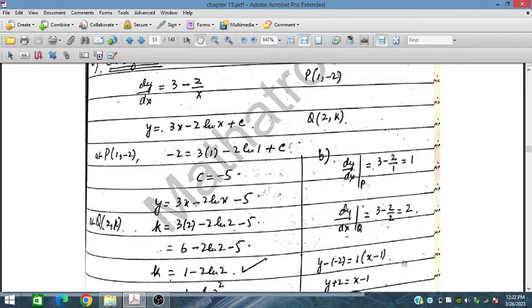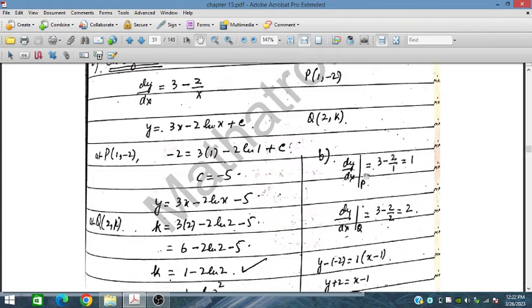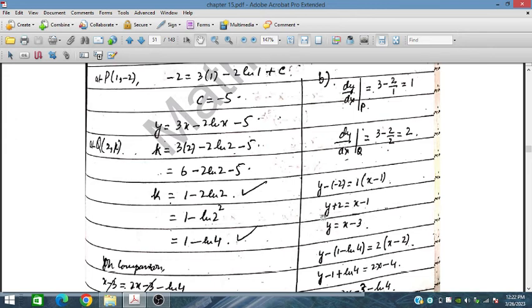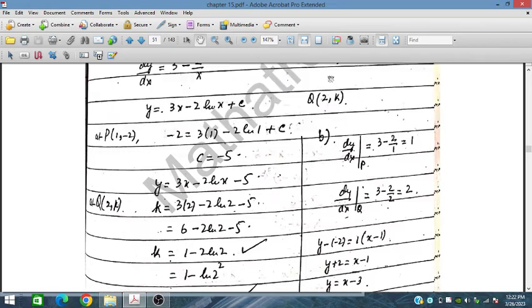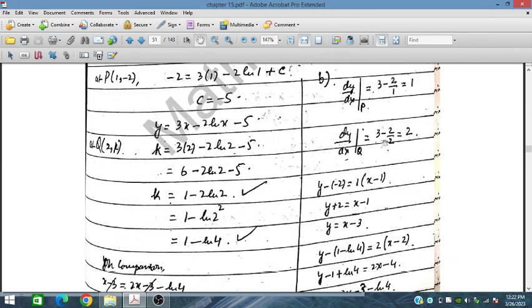So this equation of the tangent to the curve is obtained by using this point and the gradient at this point. Now we will use the equation for part 2, where the gradient is used, and we will use the equation of the tangent from this second equation.